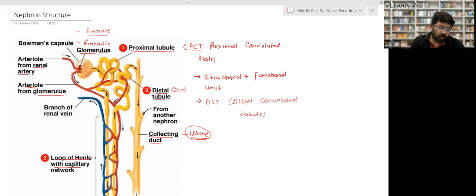The filtration of blood takes place in glomerulus.